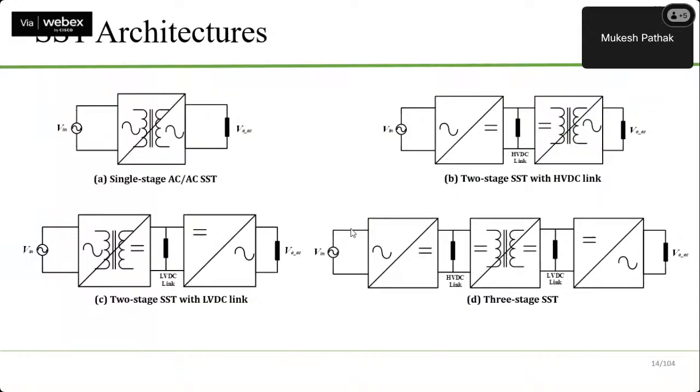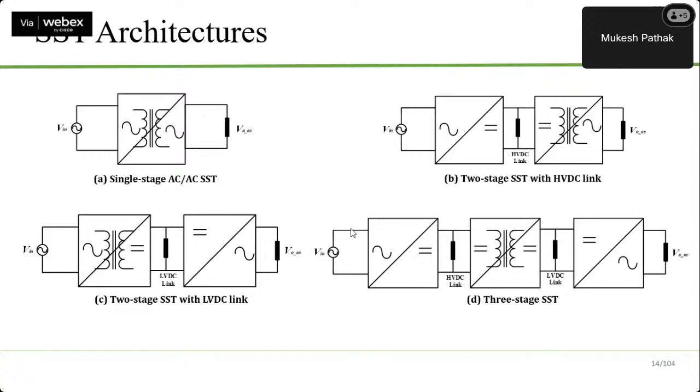So now coming to the question of SST architecture, what should it be? There are numerous possibilities. It is not that you have an SST configuration of one type only. The basic premise is that you need to convert input voltage to an output voltage of a different level.